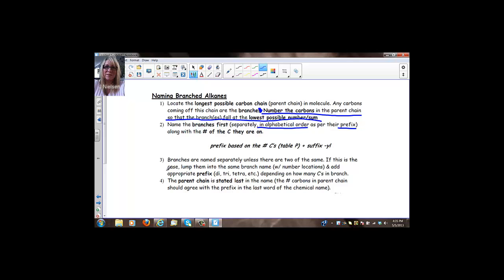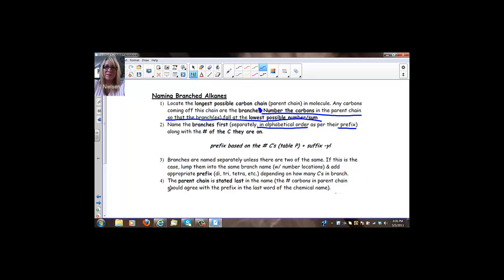Branches are named separately unless there are 2 of the same. If this is the case, lump them into the same branch name with number locations and add the appropriate prefix, di, tri, tetra, depending on how many carbons in the branch. And I'll give you an example of this.